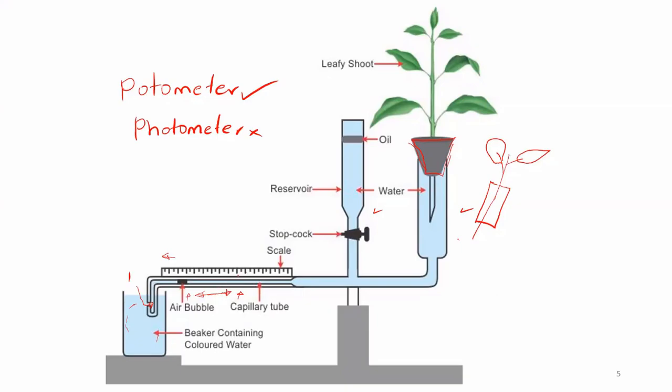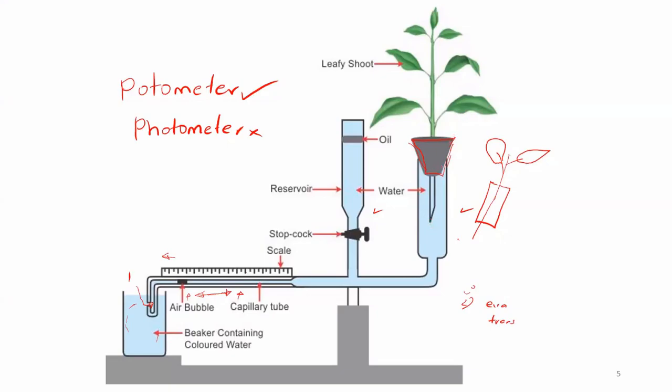At the time of this experiment, you can consider that water is only lost through this shoot by transpiration, not evaporation. Water loss can occur in two ways, evaporation and transpiration, but our aim is the water loss through transpiration.